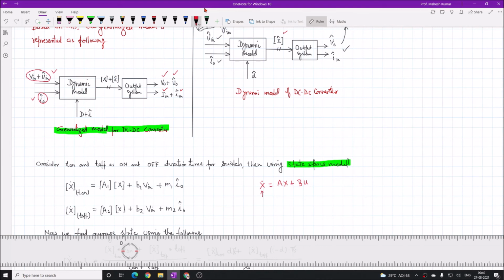It could be anything in a physical system: velocity, acceleration, or position. In case of electrical, it could be the rate of change of current through the inductor, or the rate of change of voltage of the capacitance. A is the system matrix, x is the state variable, x dot is the rate of change of state variables, B is the input matrix, and u is the input vector.